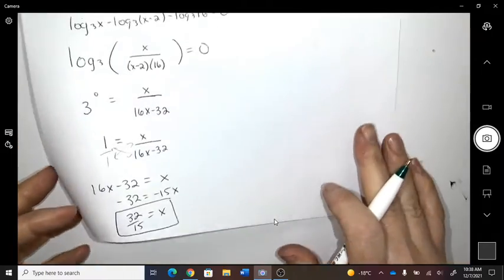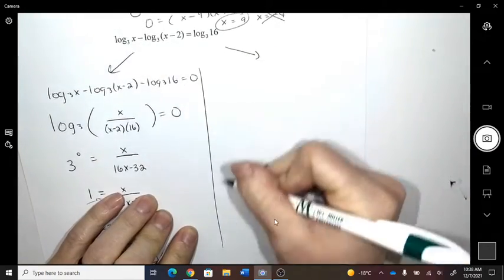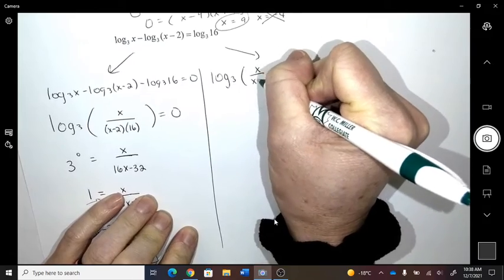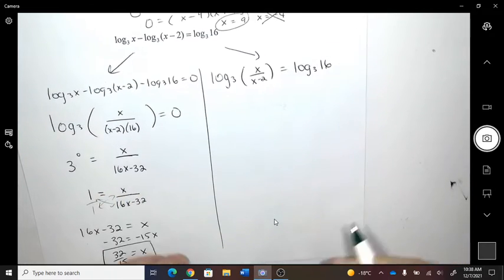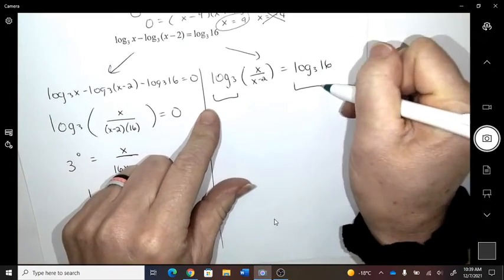So here's the other method. On the left side, I'm going to combine. On the left side only, I combined them. Now do you see that these both have log 3?